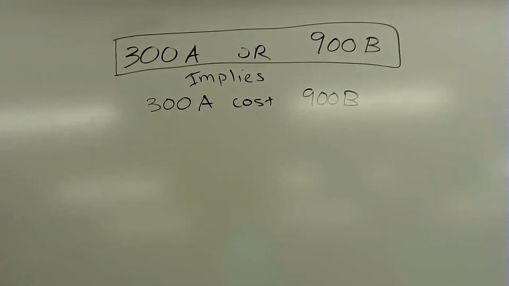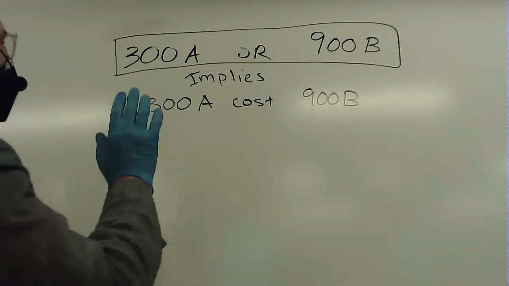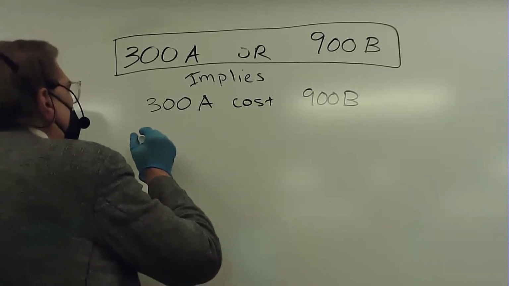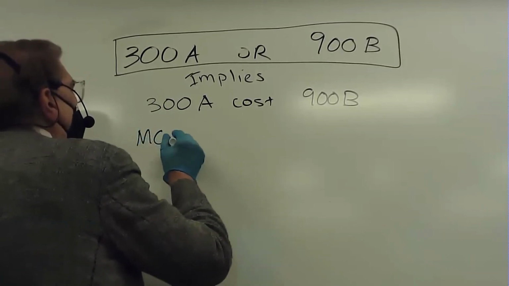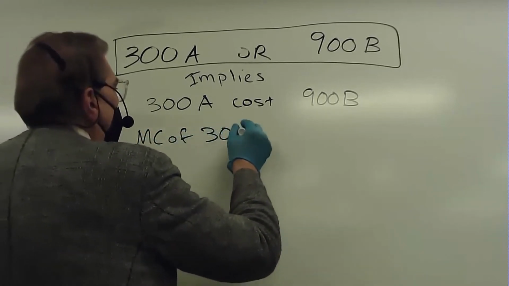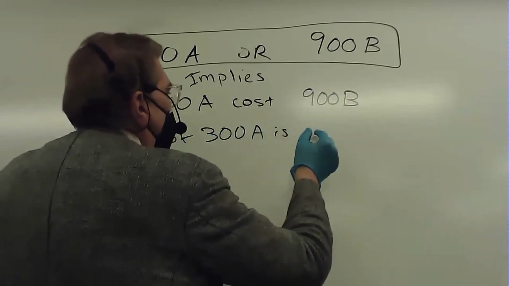Because you can't have both, you can have one or the other. If you think of it that way, it becomes a little simpler, because now I know what I'm giving up. The problem is I don't want 300 A's, I just want 1A, so this is like marginal cost. The marginal cost of 300 A's is giving up 900 B's.